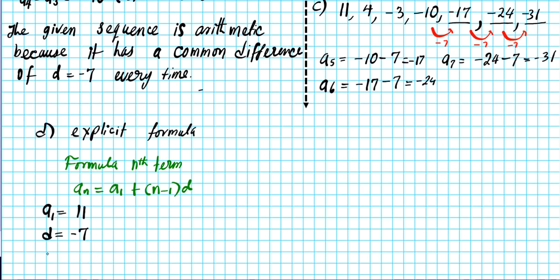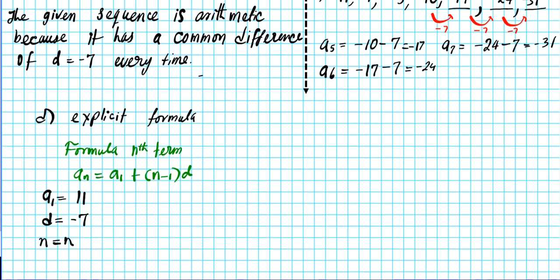N is just going to be n because we're looking for the nth term. And then an is also going to be an because n is n. Now let's use this information to determine what the explicit formula is. To do this, we'll just plug in these values into the nth term formula.